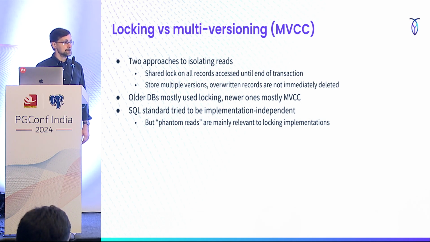In multi-versioning implementations, it's more relevant to talk about write skew, and the SQL standard just doesn't mention this at all. So there's some debate about whether it's completely standards compliant to implement snapshot isolation and call it repeatable read, as Postgres and a number of other databases have done.